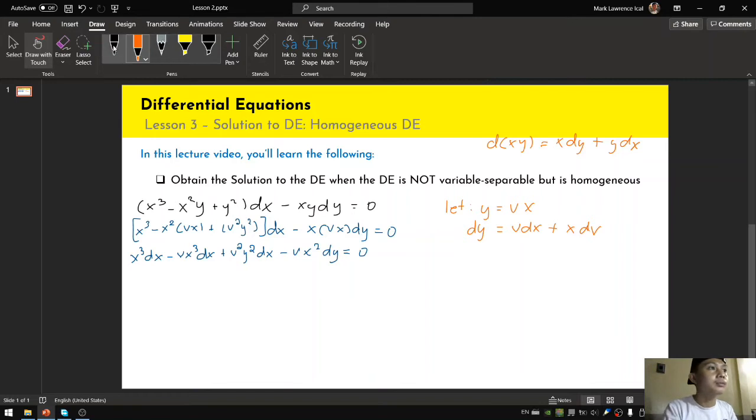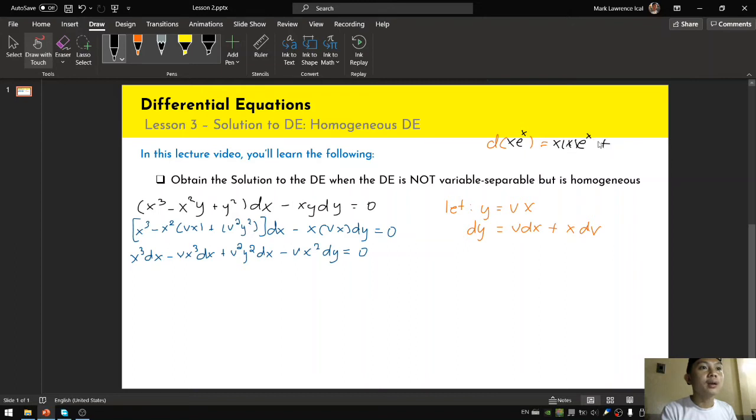So, for example, let's say x e raised to x. Okay? So, same procedure lang din naman. So, it's going to be x, and the differential of that is x e raised to x.